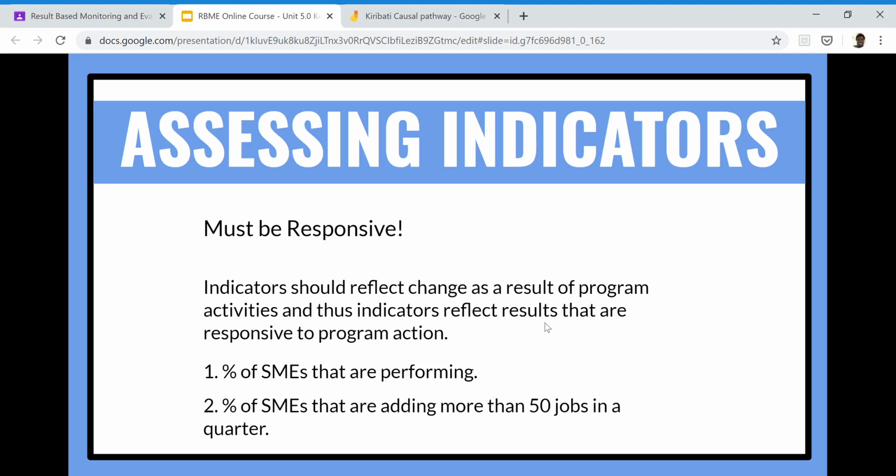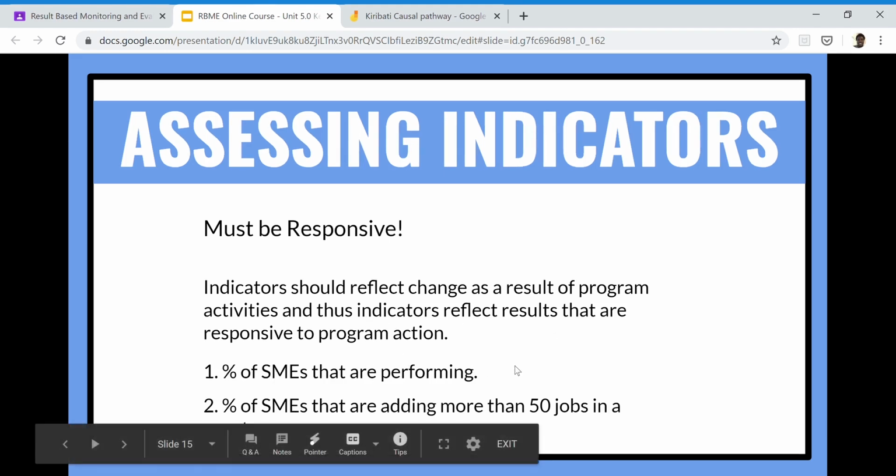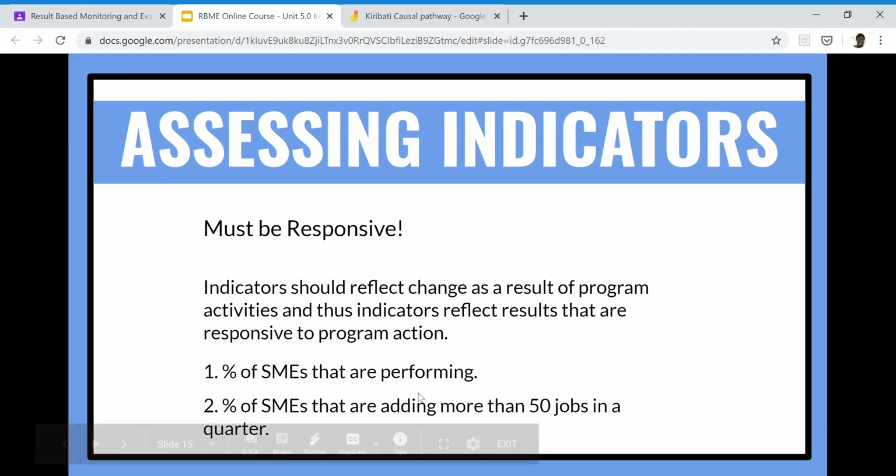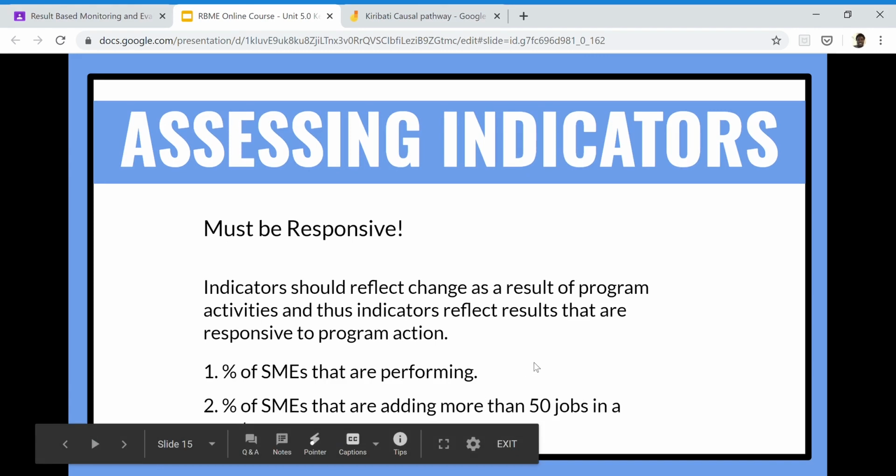It must be responsive. When we see indicators, they must quickly show an in-depth analysis of changes. They must reflect what results look like and not necessarily be generic. If we look at the first indicator here, percentage of SMEs that are performing, and also the percentage of SMEs that are adding more than 50 jobs in a quarter, there's a difference between the two.